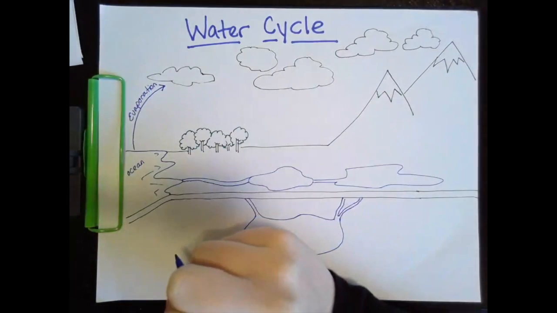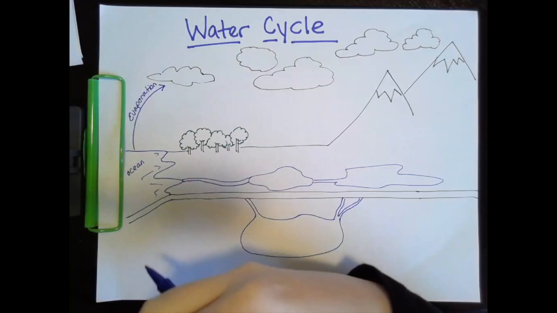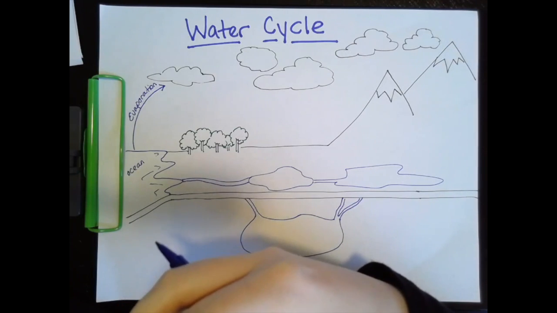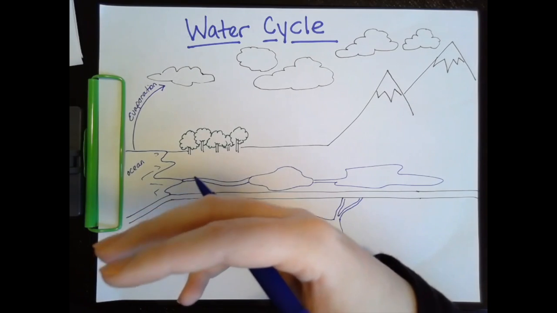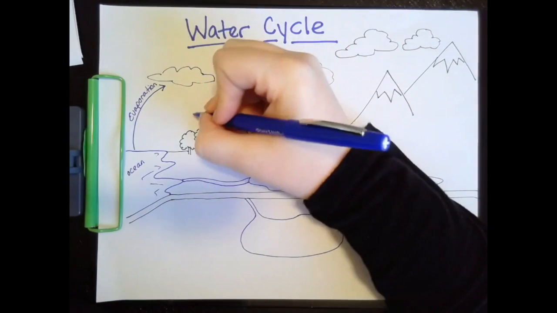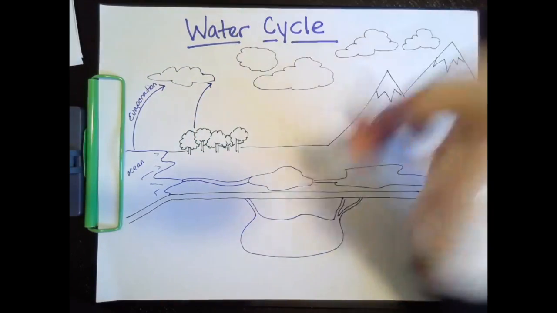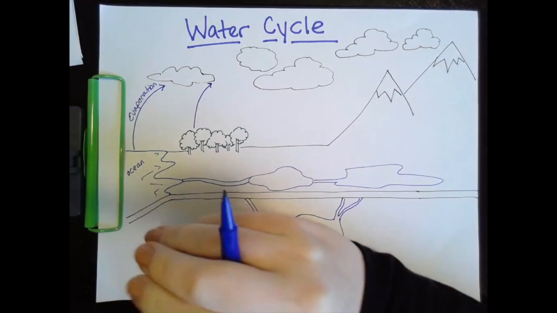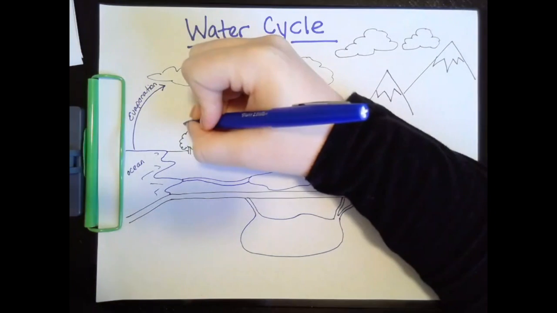And this doesn't have to be just from the ocean. It could be from a lake, it could be from a river, it could be from a pond, it could be from any body of water will evaporate eventually. Another way that water gets up to the atmosphere is coming out of plants. So the leaves of plants transpire. They release water into the atmosphere.